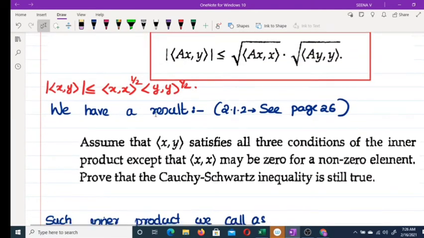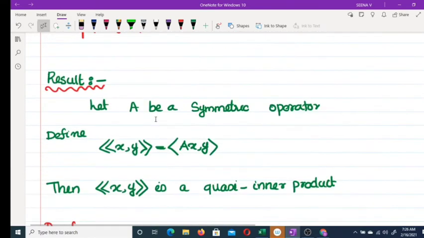Okay. So here, let A be a symmetric operator, and we define quasi inner product xy as inner product axy. So now we are proving that if we define it like this, then this is a quasi inner product. Then it clearly satisfies the Cauchy-Schwarz inequality. So our first aim is to prove this is a quasi inner product.